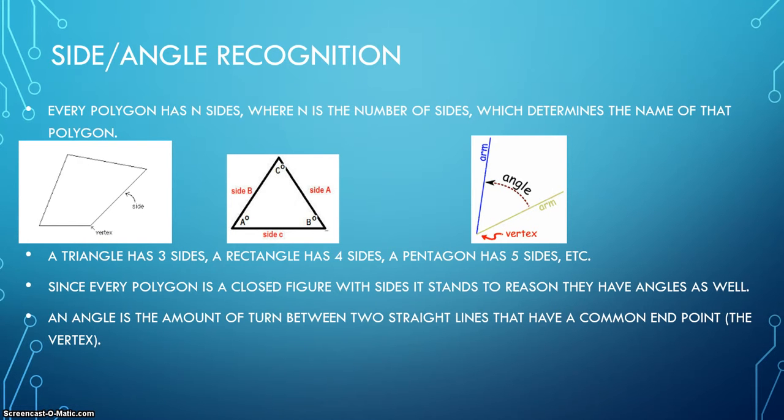In this picture, the arms in blue and olive are the 2 straight lines. The vertex is formed by the intersection point between those 2 lines, and the angle is the amount of turn between them, measured in degrees.